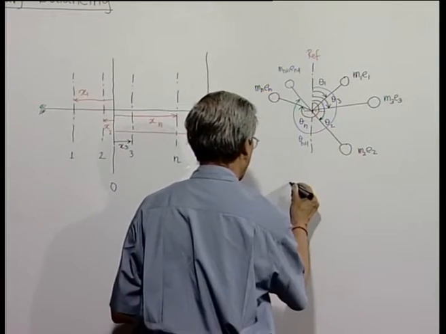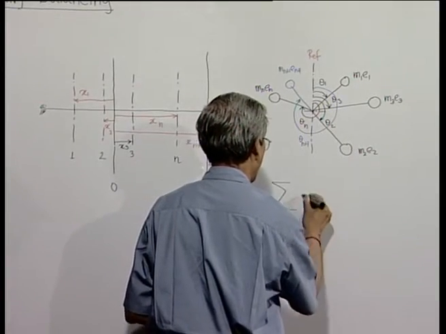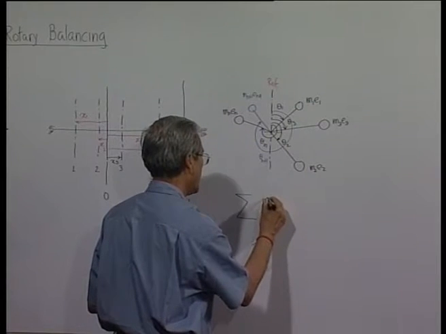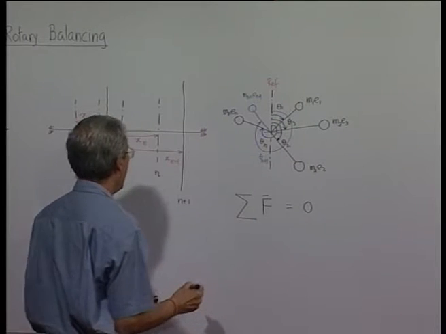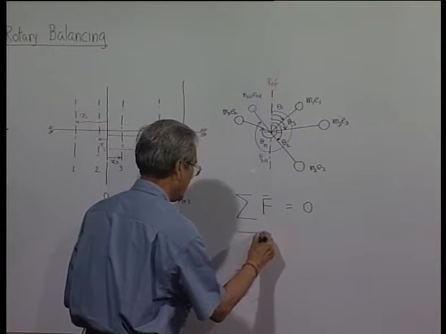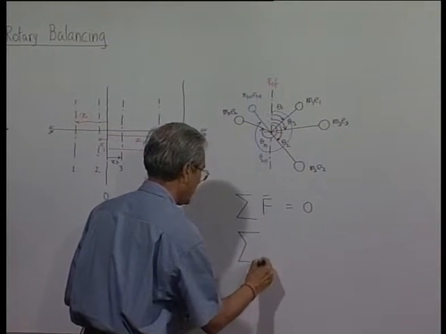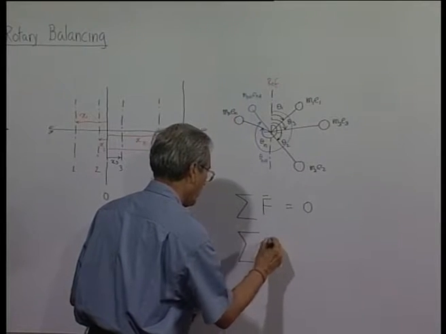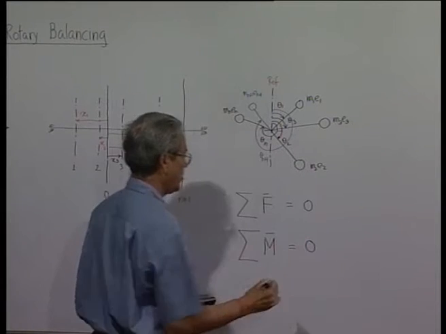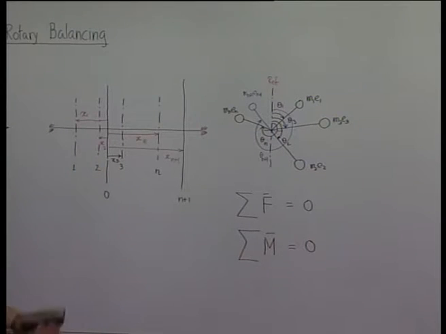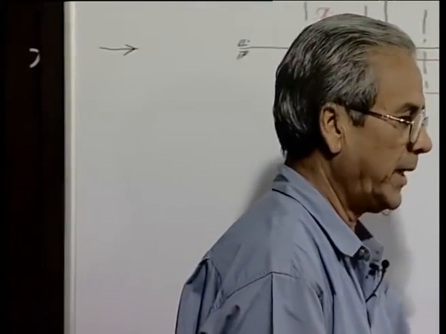That means the total inertia force generated, vector sum, will be 0 and the total moment of all these inertia forces is also 0. That is the requirement for any dynamic balancing. So, this we have to keep in mind.